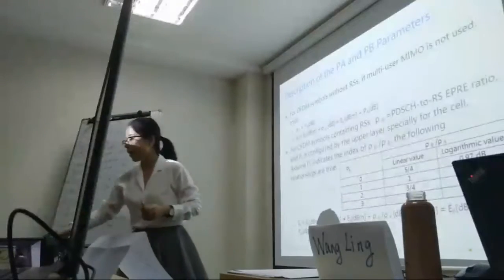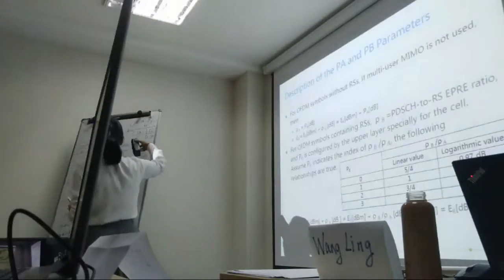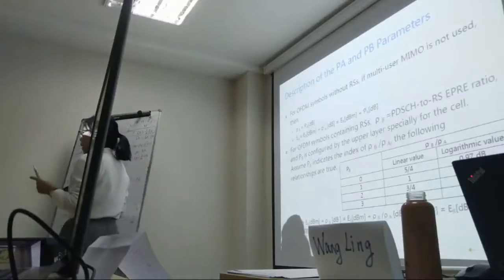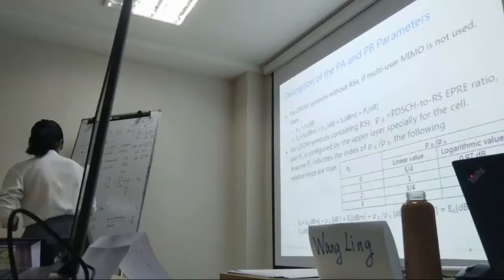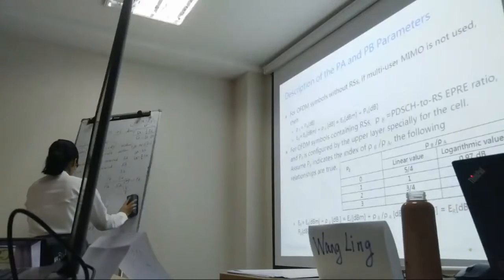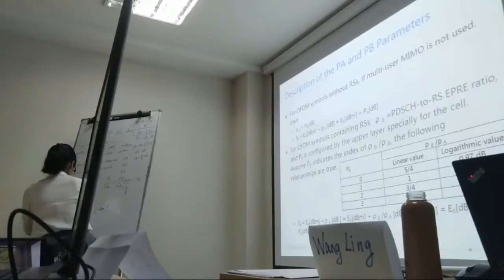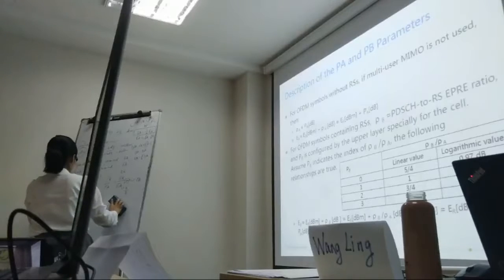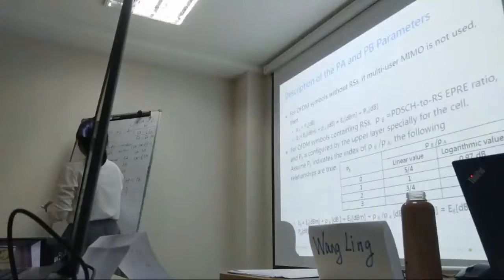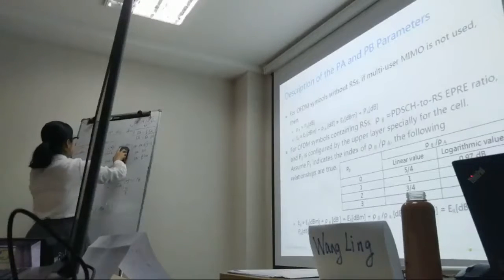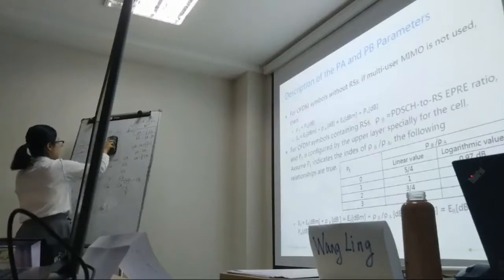Now let's recalculate for different PA, PB. It will affect the RS maximum power. Why will it affect? Okay, we use this.